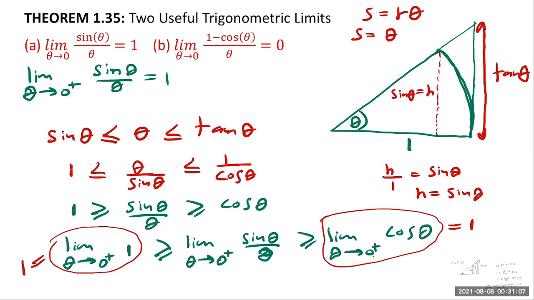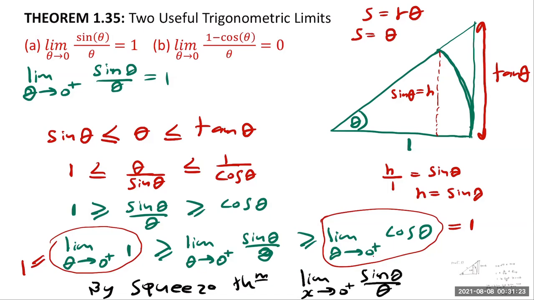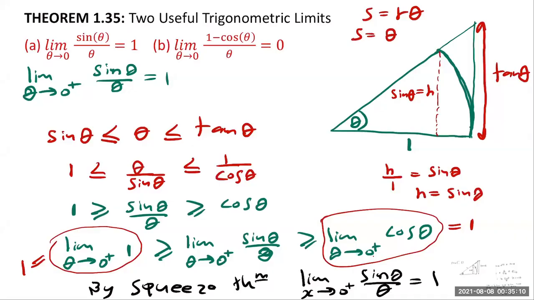By the squeeze theorem, the limit as theta approaches 0 from the positive side of sine theta over theta also has to be 1. Right. So we have this right limit.